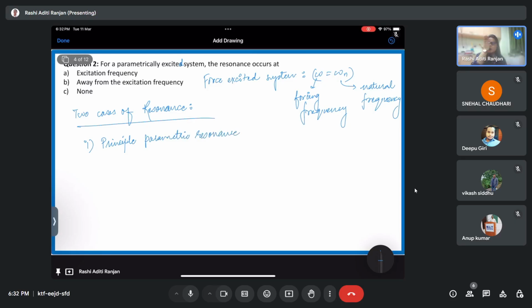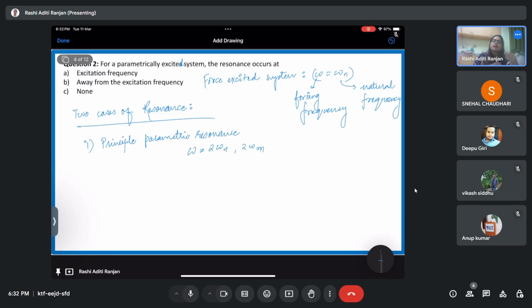It says that if my exciting frequency omega is equal to, let us say, twice omega n, then this is a case of principal parametric resonance. It could also be equal to 3 times omega n. Omega n is the natural frequency of the system. It may happen that my system can have multiple natural frequencies. In that case, twice omega m is also a case of principal parametric resonance.